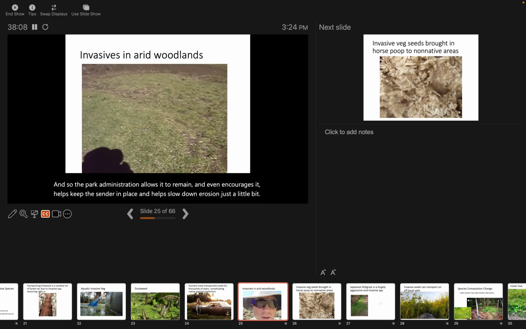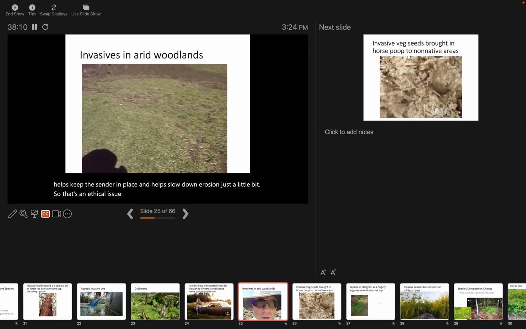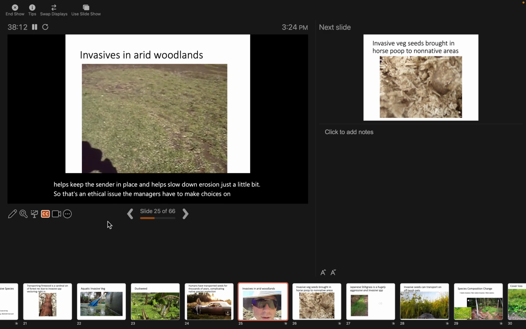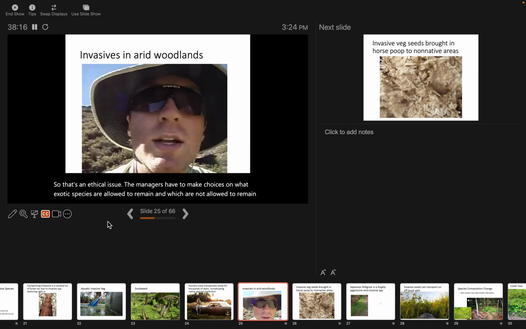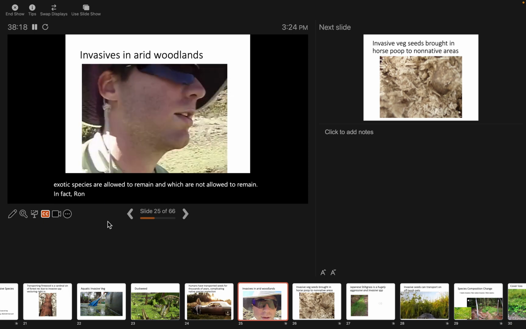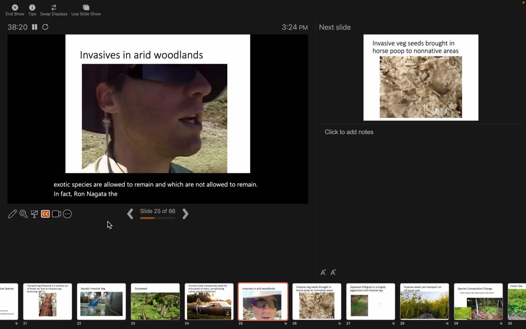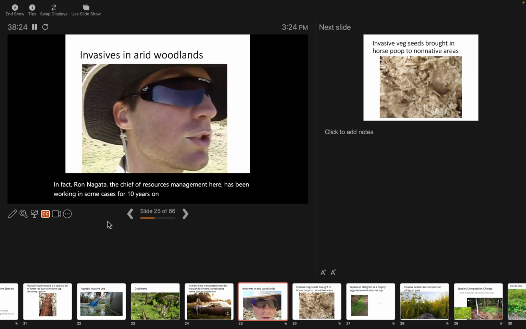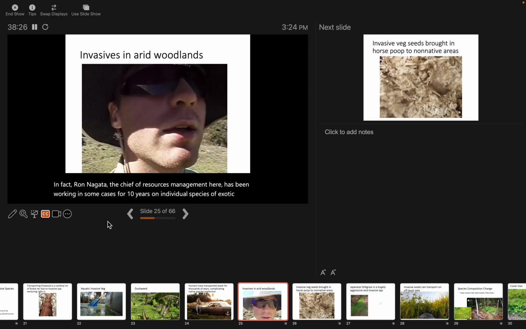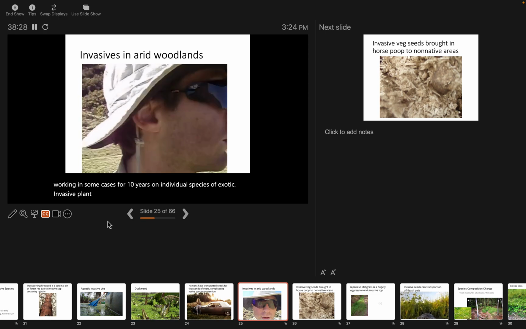So that's an ethical issue. The managers have to make choices on what exotic species are allowed to remain and which are not allowed to remain. In fact, Ron Nagata, the Chief of Resources Management here, has been working in some cases for 10 years on individual species of exotic invasive plants that he's been trying to eradicate.